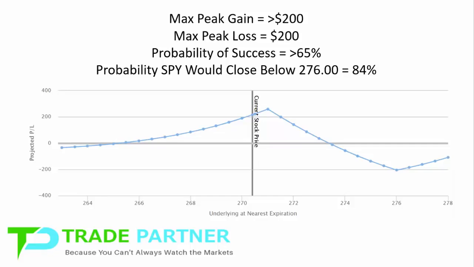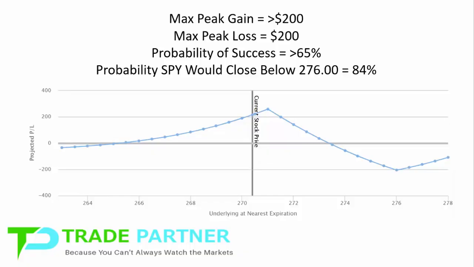So on this one, which is the one I started on March 19th, has a max peak gain of about $200, a little more than $200. It has a max peak loss of about $200, and that occurs again at 276. And the probability of success of making something on this trade is a little bit better than 65%.